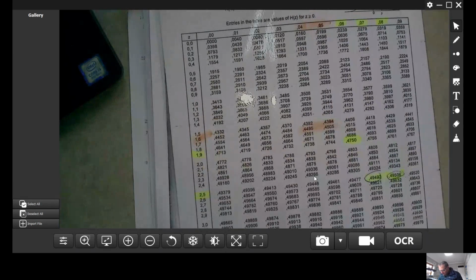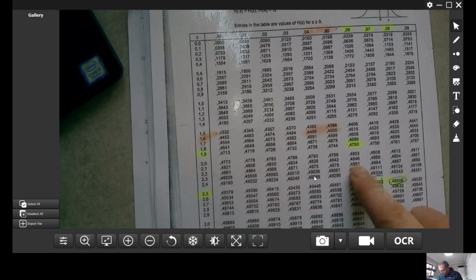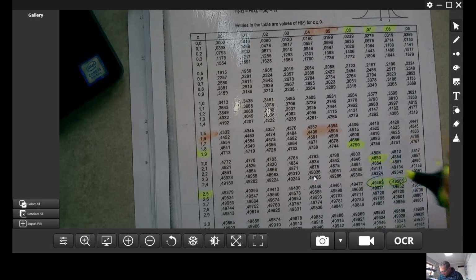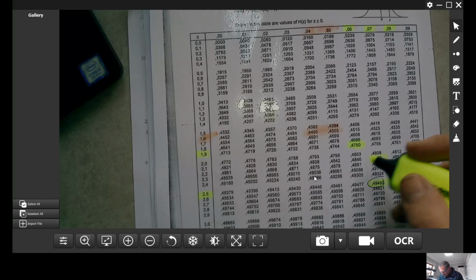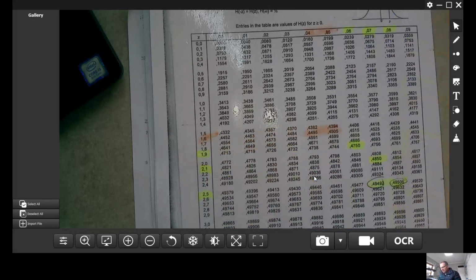If I go to my table, 0.485 is right over here, and that corresponds to 2.17.